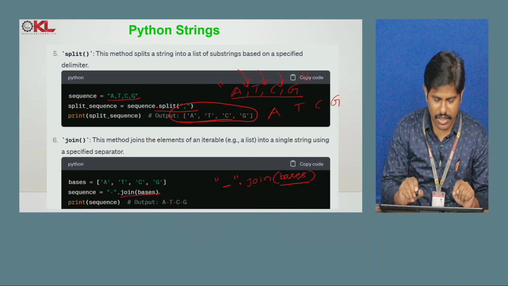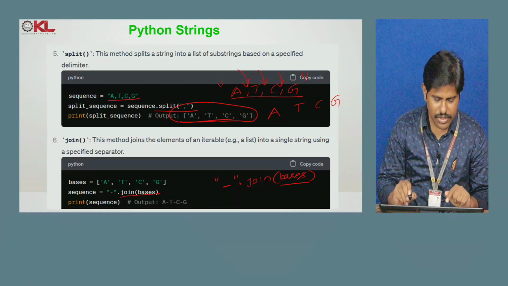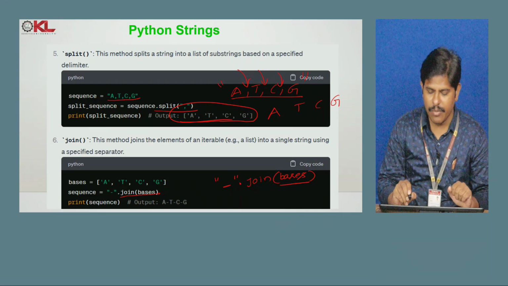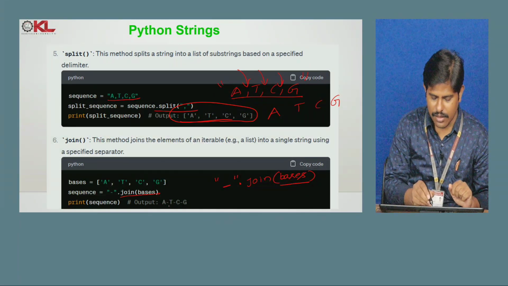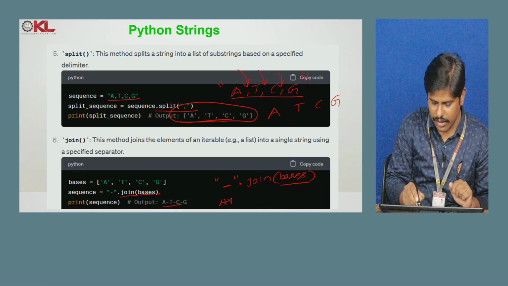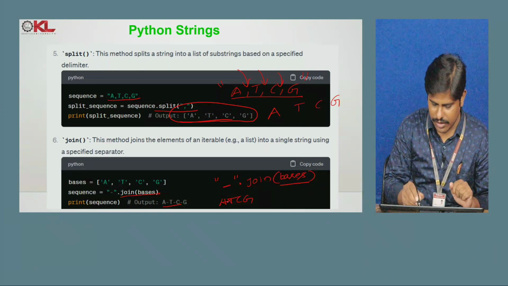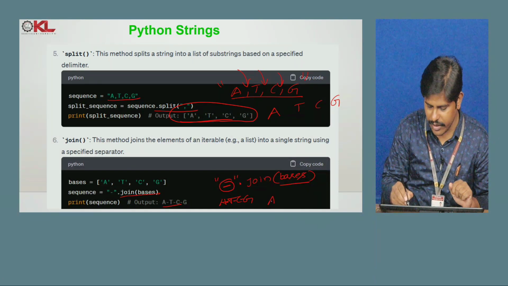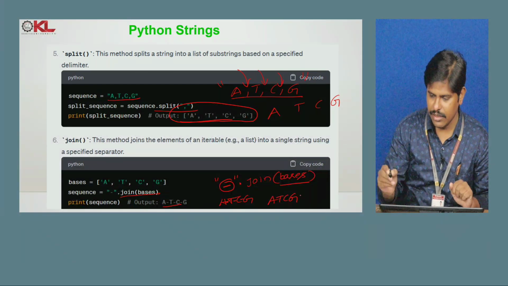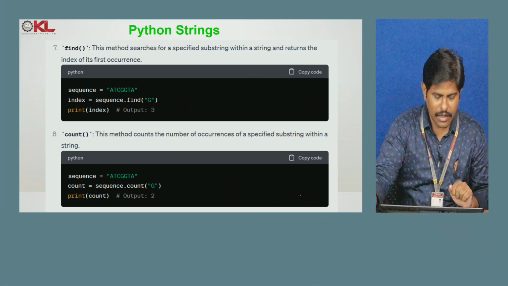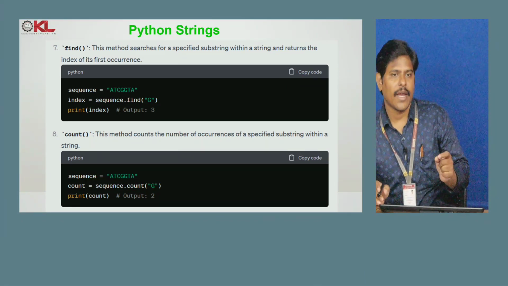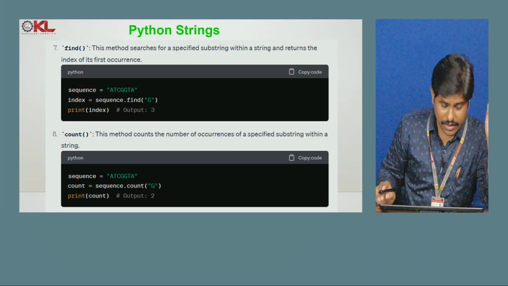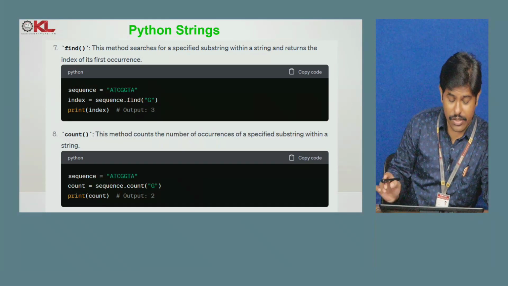So bases equal to ATCG, sequence equal to dash dot join bases, print sequence. It provides the output as A dash T dash C dash G here. If I don't give anything, the output will be ATCG.